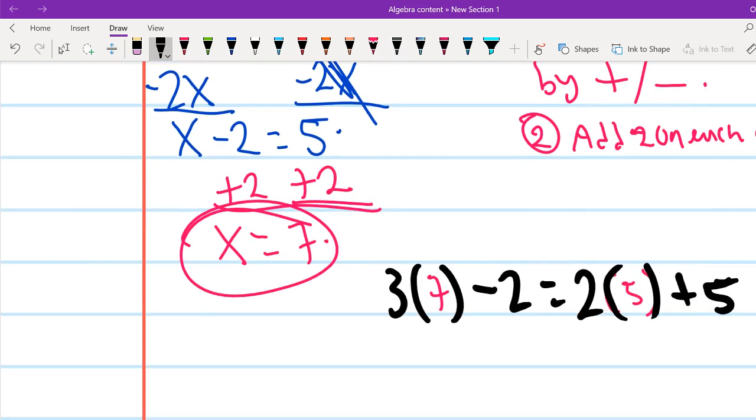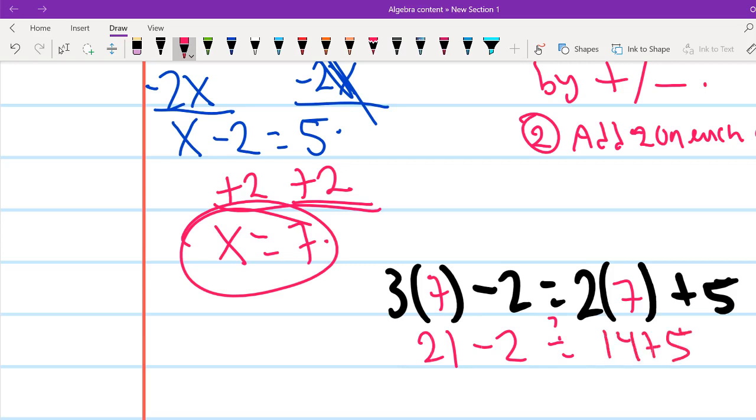So 2 times 7, my bad. So you would say 21 minus 2, does that equal 14 plus 5? 19 equals 19, and that's how you would verify that this is the right solution.